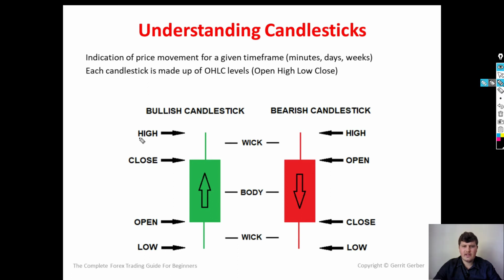As you can see, for this specific green candlestick, it has a high level, meaning it's the highest that price has gone for this specific candlestick. A close price over here where the candlestick closed and a new one opened, and then where this specific candlestick opened, meaning the previous one closed over here, and then a low level, the lowest that this candlestick has been.